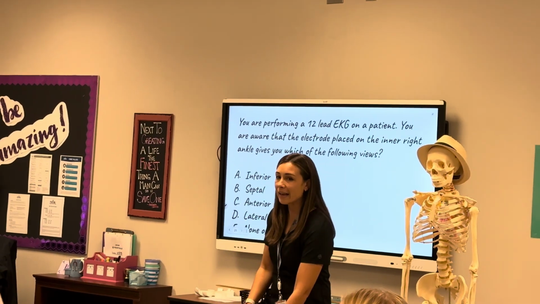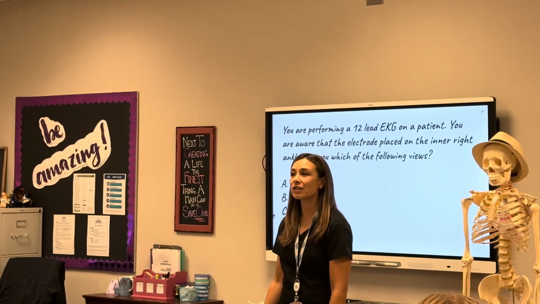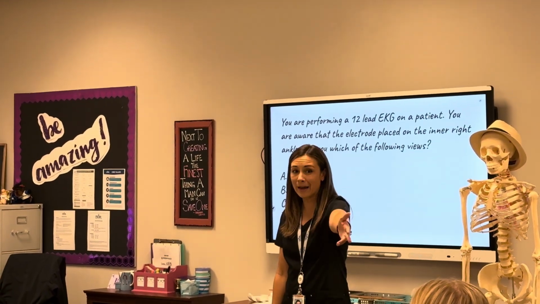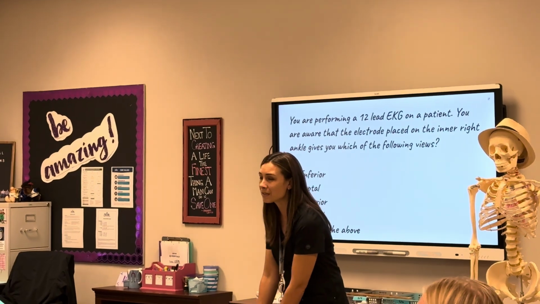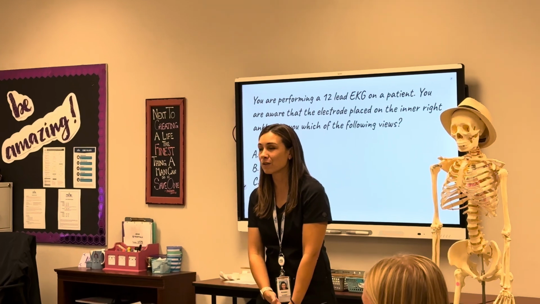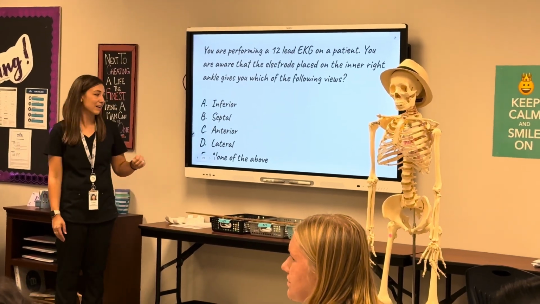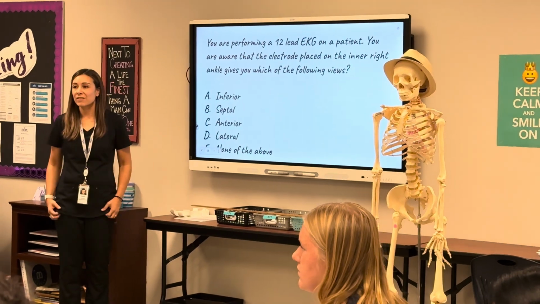Inner right ankle gives you what electrode? It's your right leg, which is your ground. Do we use your right leg electrode for any of our views? No. So what's our answer? None. Very good.